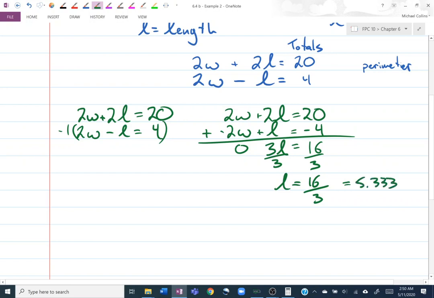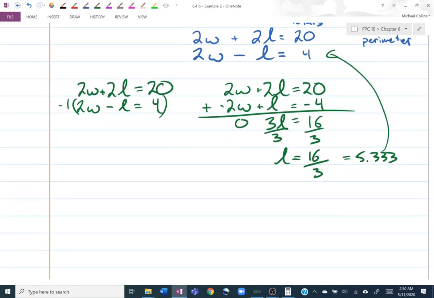And then if I wanted to get my width, I would then have to take this 5.333 and substitute it into one of my equations for the width. I can do that. I can substitute into this bottom one here. So my 2w minus my length, which is 5.3333, and I was going to put some ellipses there so that we know it keeps going, is equal to 4.